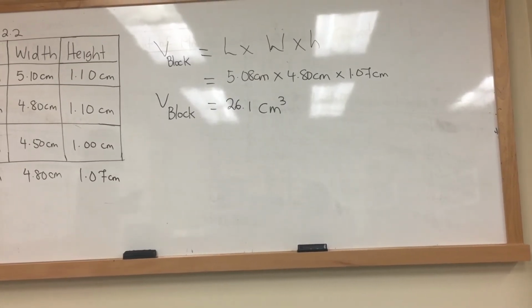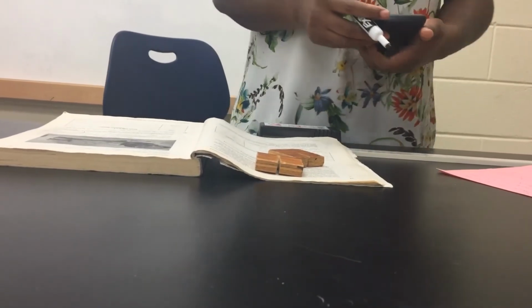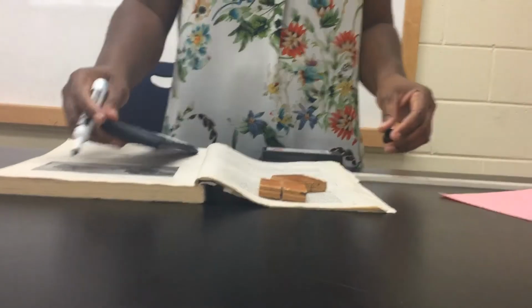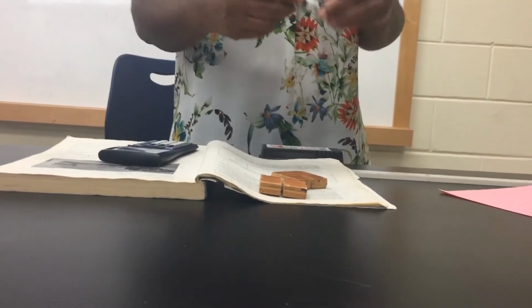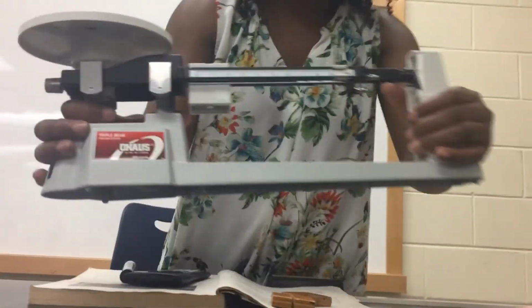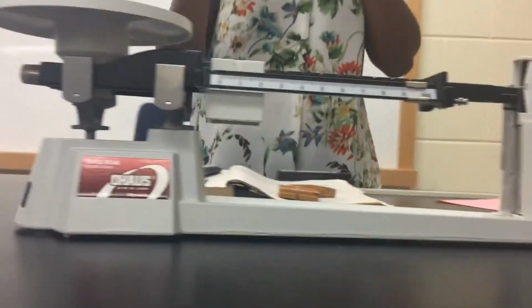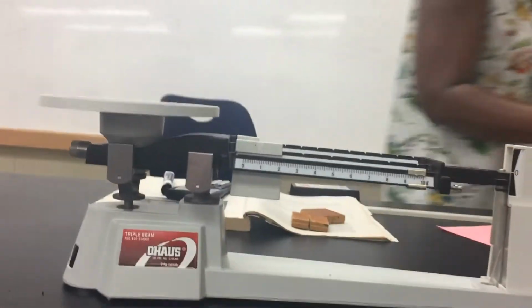All right, so we've come to the end of step 2, and now we will begin step 3. In step 3, we are going to determine the mass of the block. So here is our balance, and we are going to use our triple beam balance.